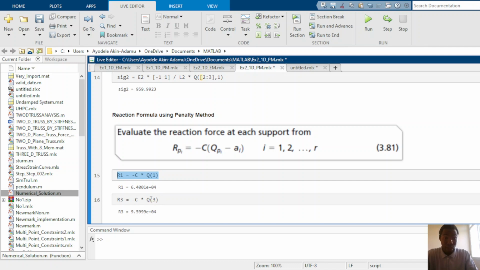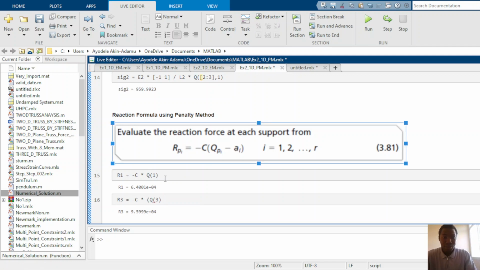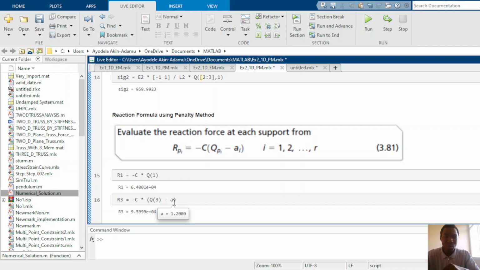But for R3, sorry, there's a small problem here. I forgot to apply this gap. The reaction value here is not correct. It is minus C multiplied by the displacement quantity at node 3 minus A. A is the gap and A is 1.2. You see it, A equals 1.2. So let me run the code to get the actual answer.